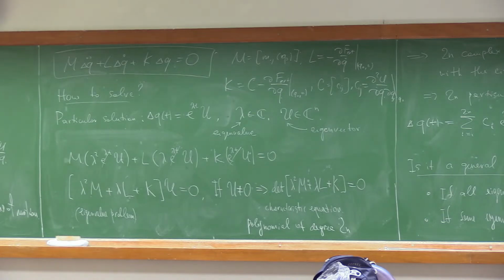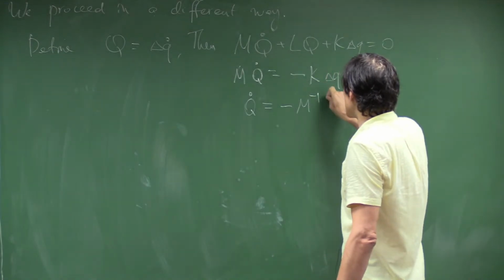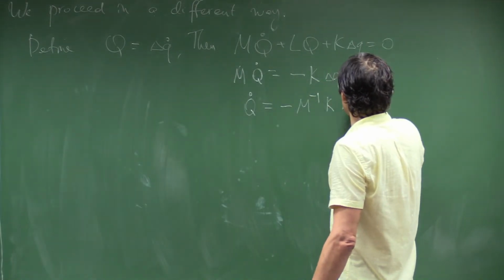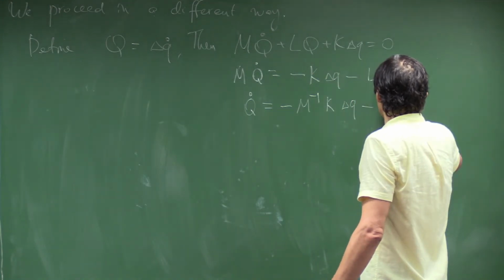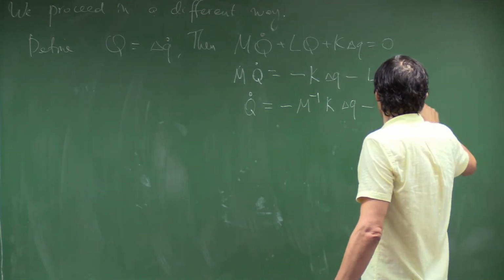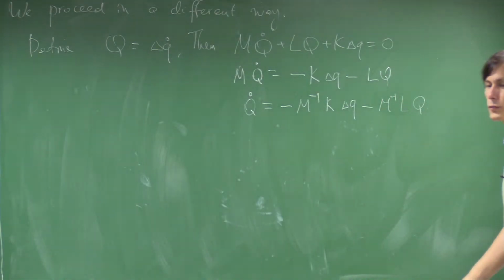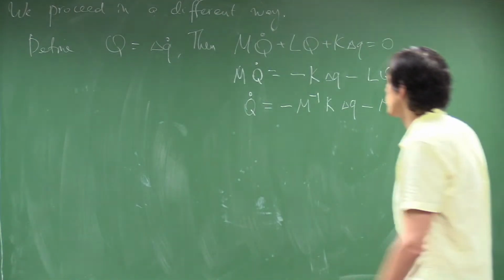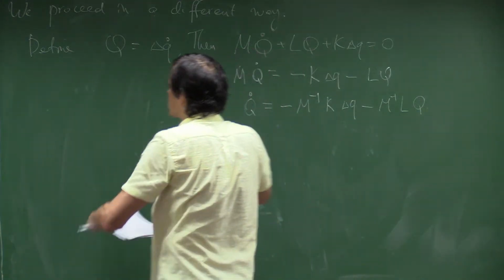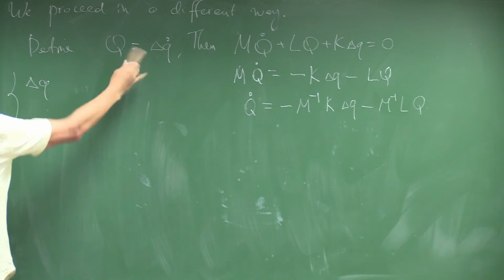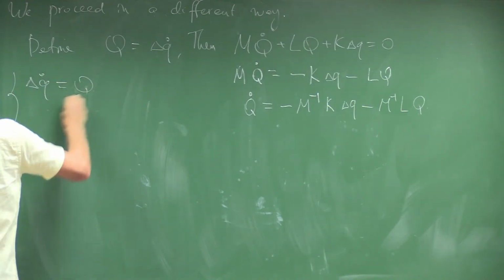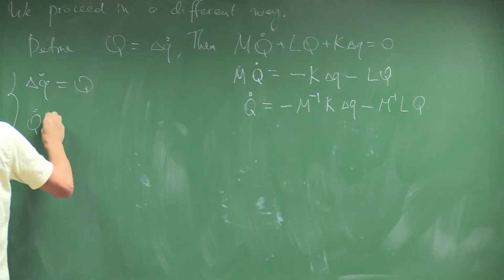So we can just put mass matrix on the other side with an inverse, M minus 1. Good. So now we have two equations. We have this and that, and we can write them together. Let's flip the first and keep the second.